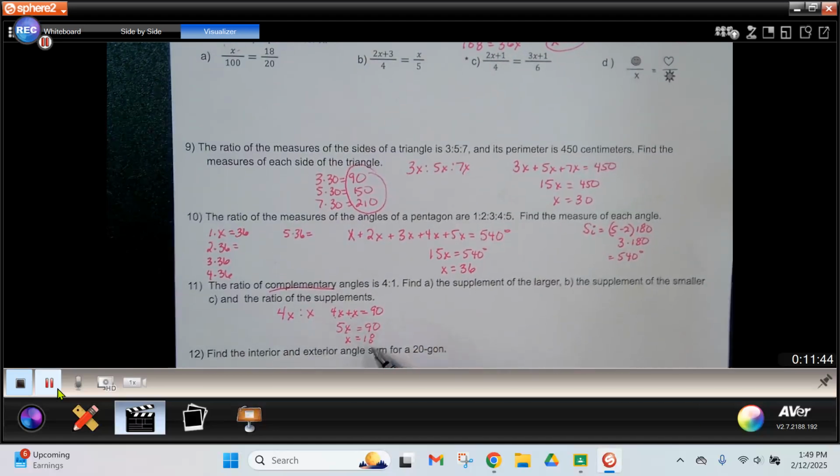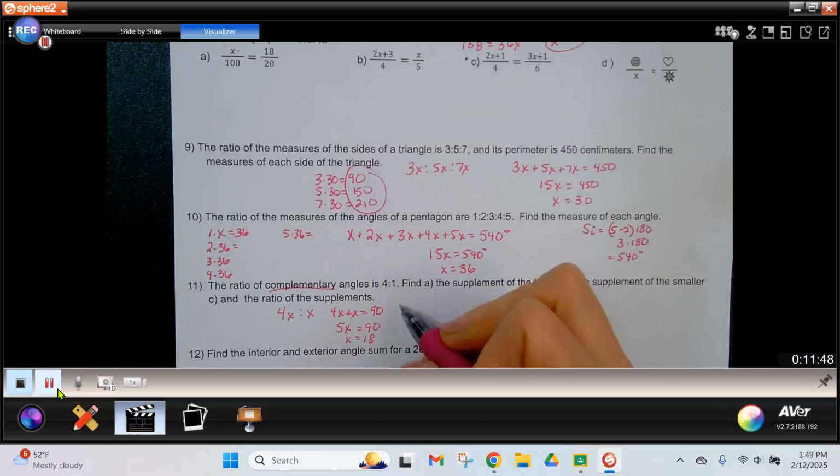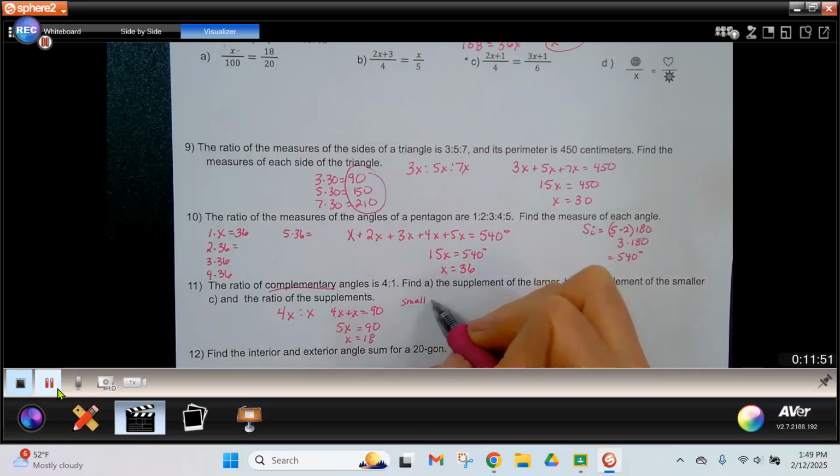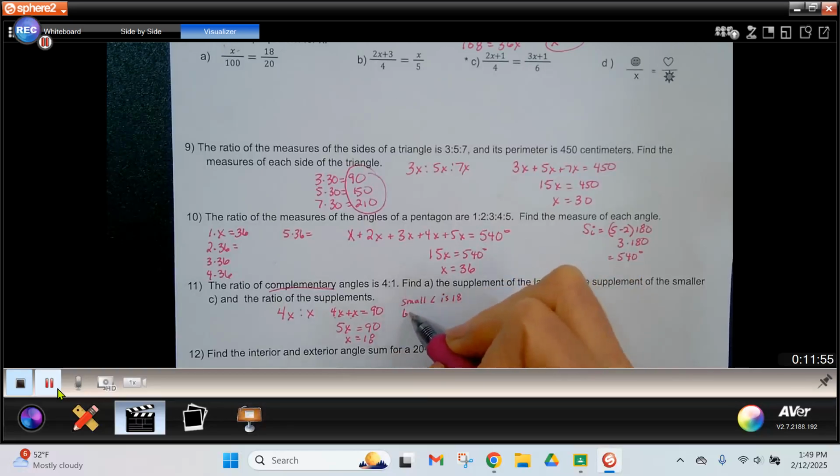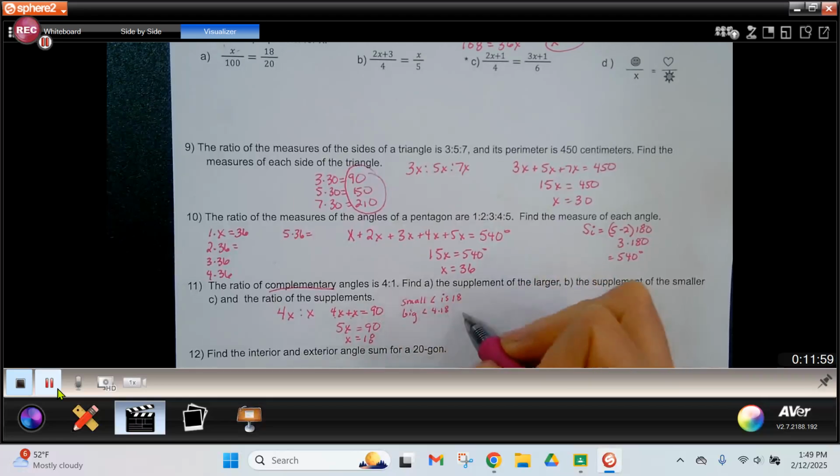So the small angle here is 18, because x equals 18. And the bigger angle is 4 times 18, which is 62. So the two angles are 18 and 62.